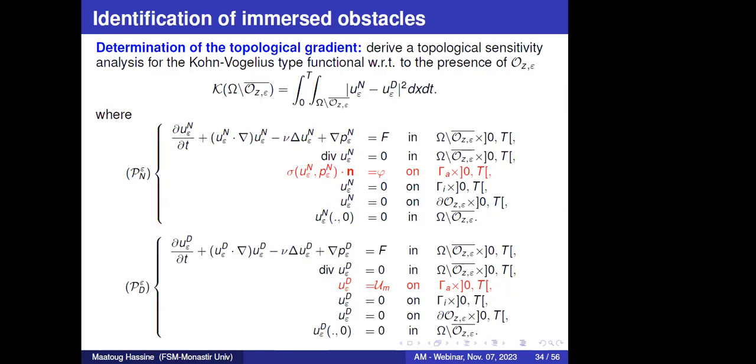To solve this topology optimization problem, we will derive the topological sensitivity analysis for this convolvulus type function.